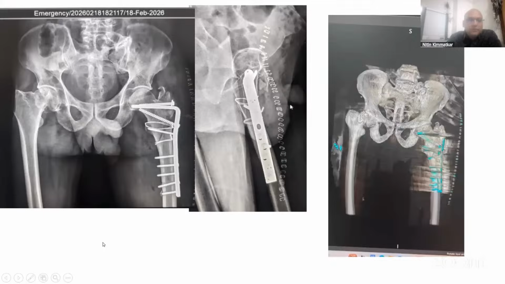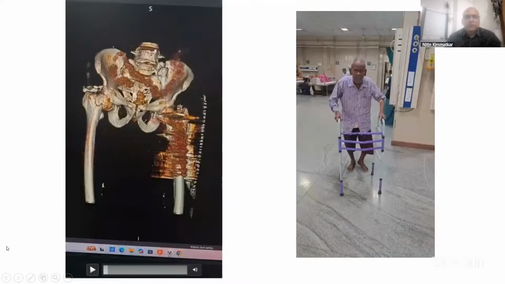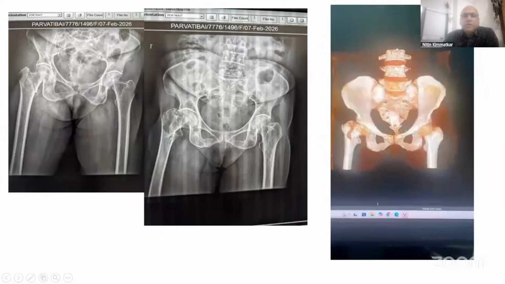Very well mobilized, and the pain is also less in this patient. So another patient fixed with the same implant, angle blade plate with cerclage wire.